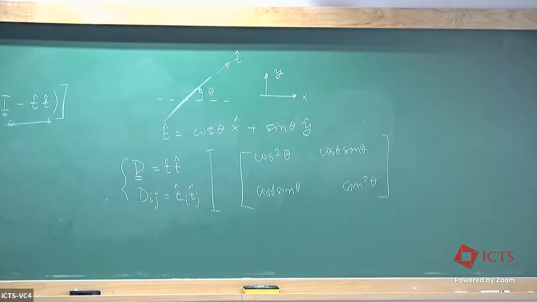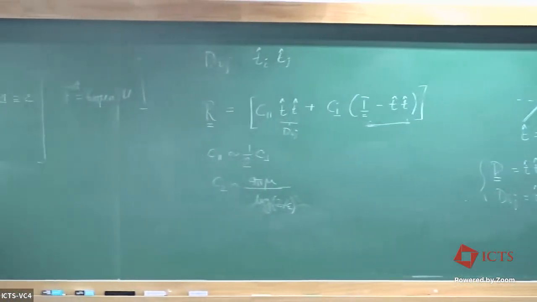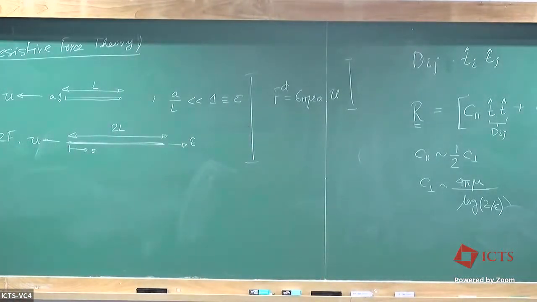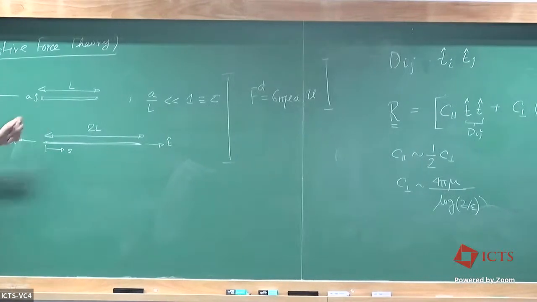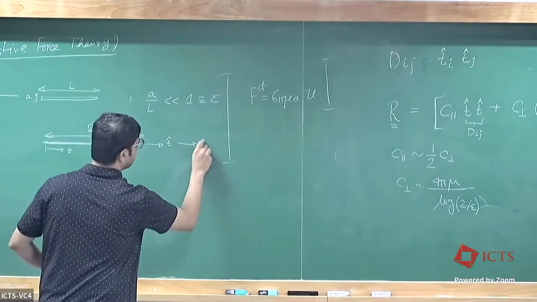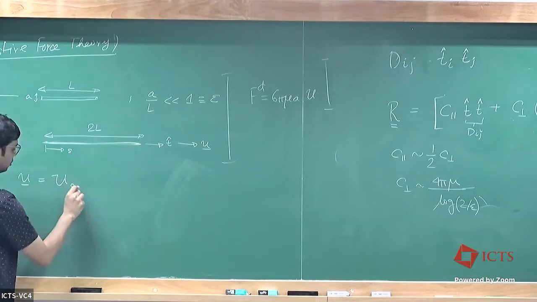So we have this result, and let's do 2 experiments and try to verify whether Naveen was correct. I take this rod and I move it with a velocity u along the direction t. Let's just draw the arrow this way. So this is u. My velocity vector u is some u naught times t hat.